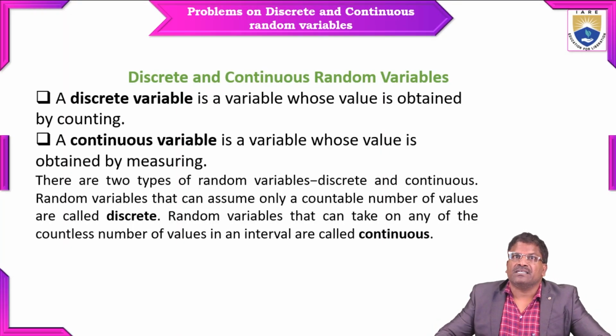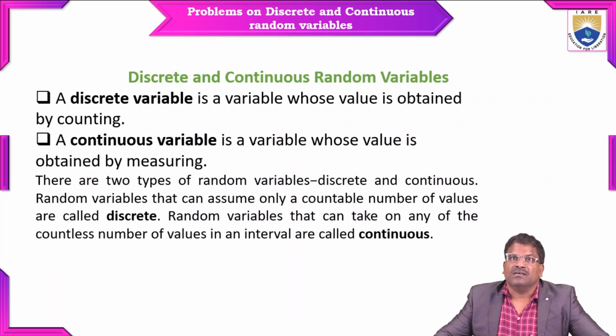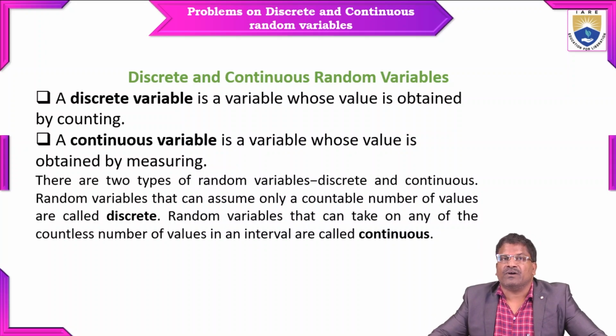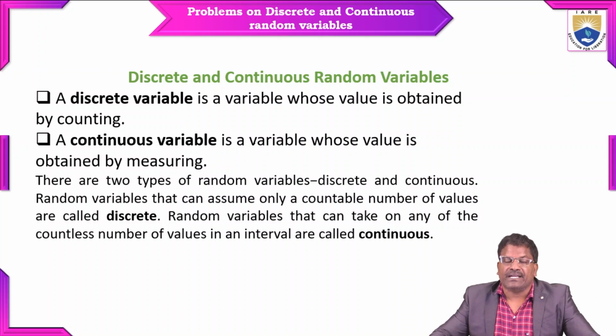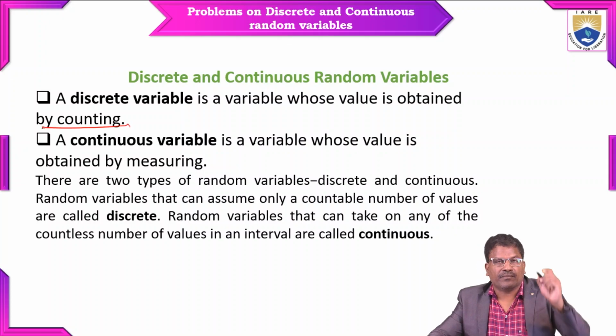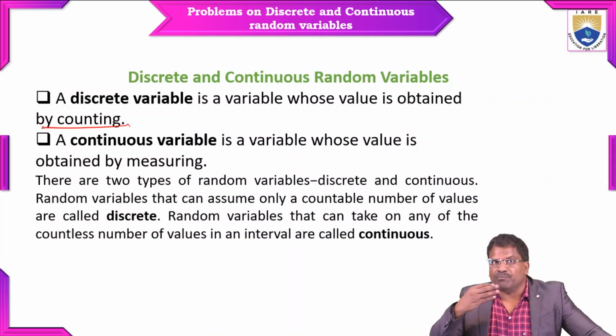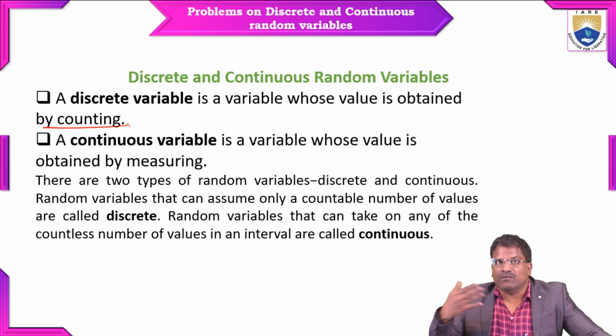See, if we look at the main difference, a discrete variable is a variable whose value is obtained by counting. We can find its value by oral counting. It is possible for a discrete random variable.